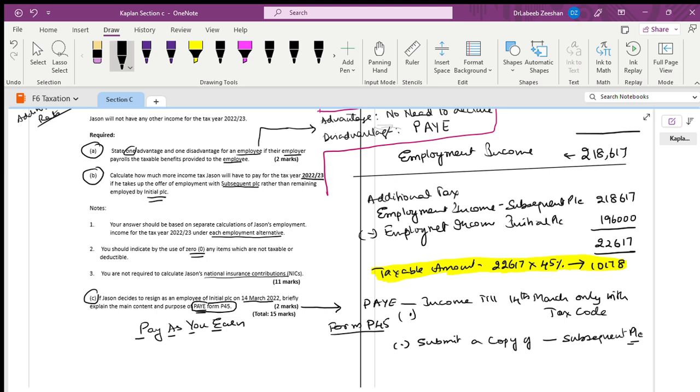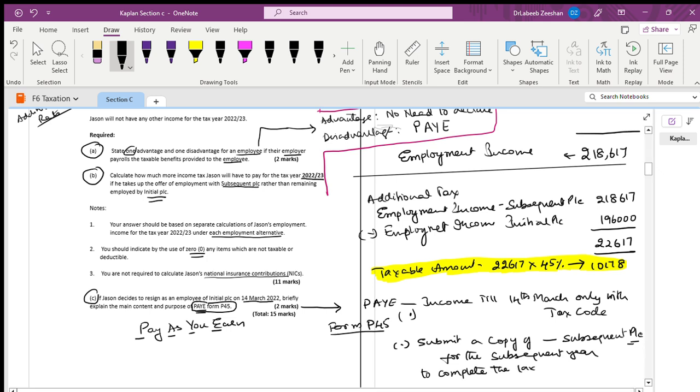So why are you giving this copy? For the subsequent year, for the remaining year, whatever the calculations will be there, to complete the tax calculations.